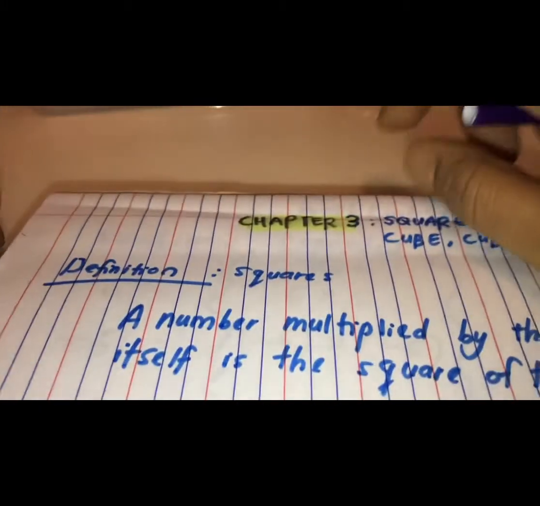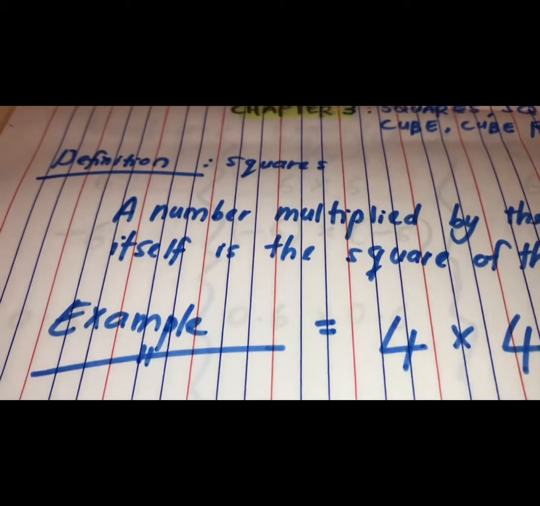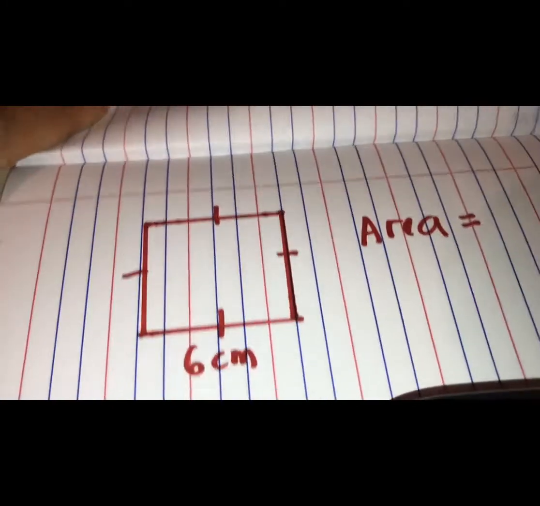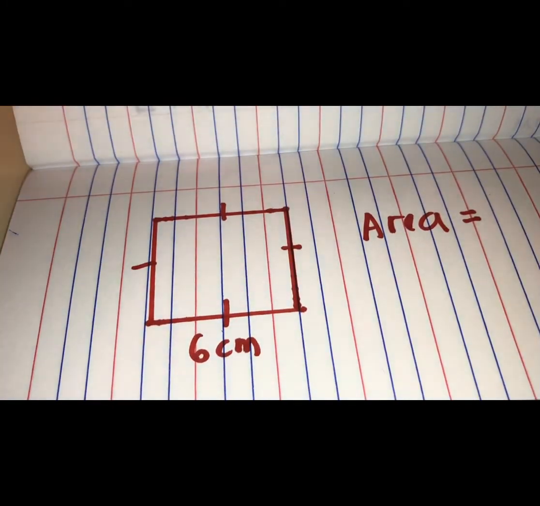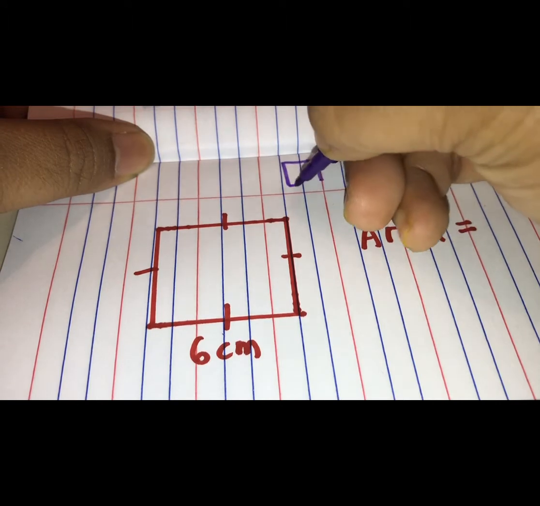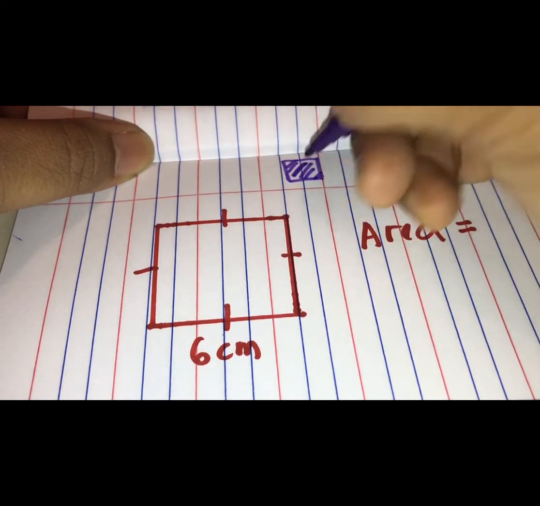Now you have to understand the definition of the square. I give you an example like this. You know the shape of the square. To find the area, you learned this in primary school, right?